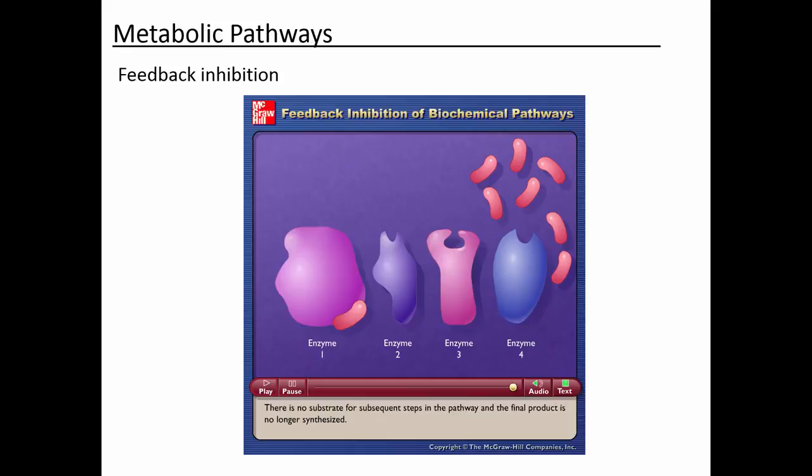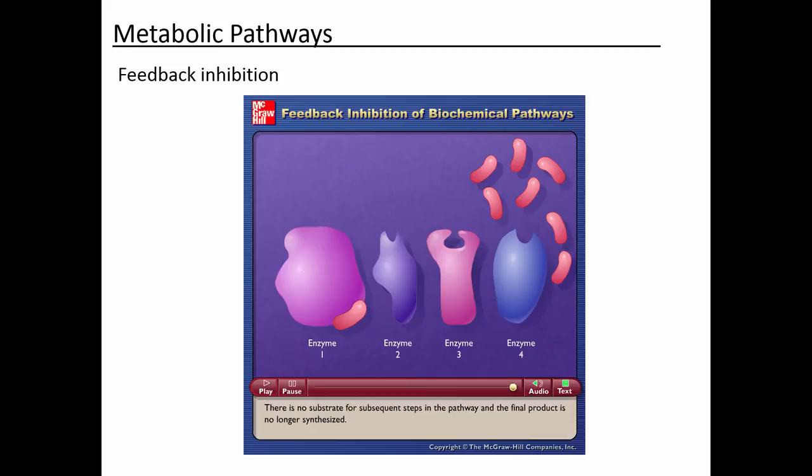One thing I do want you to know is why feedback inhibition is important. One thing that it does is it prevents the overaccumulation of product. So it's wasteful in terms of energy for the cell to produce more than it needs. Feedback inhibition is a way of shutting down the pathway once you've made enough of the product that you need.